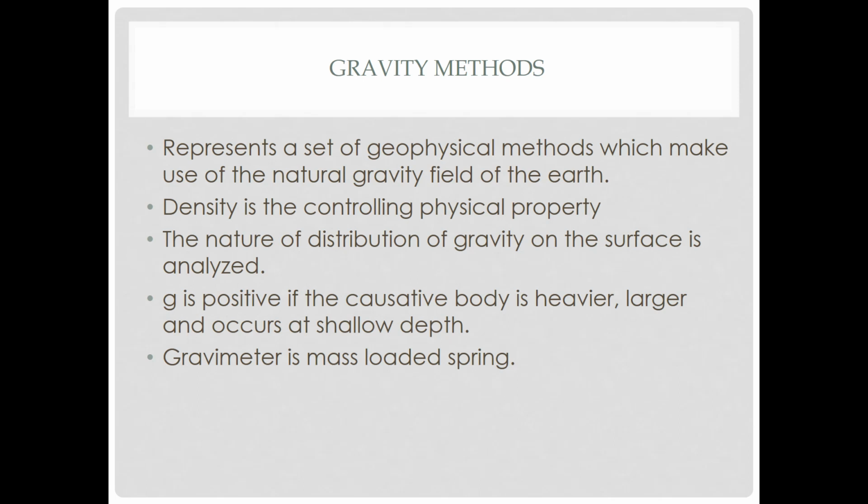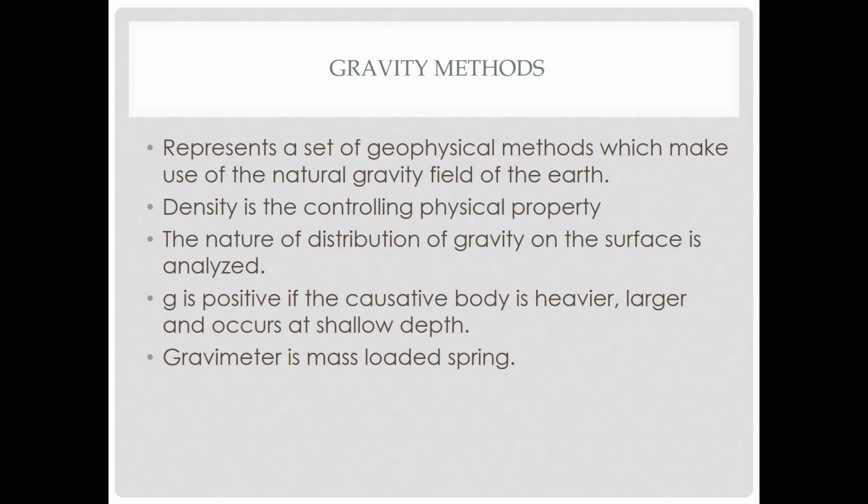G is positive if the causative body is heavier, larger, and occurs at shallow depth. Thus, in a particular region, if subsurface bodies such as ore deposits, coal seams, and salt domes, whose densities are different from the surrounding rocks, exist, the gravity field deviates.